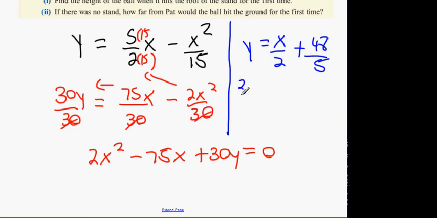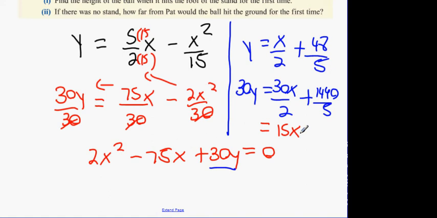But while I'm here, I might as well find out what 30y is, because I'm going to replace it in 30y. 30y is going to be 30x over 2, and what's 48 times 30? It's going to be 1440 over 5. I'm going to figure out what the two of them are. So it's going to be 15x and 1440 divided by 5, 288.